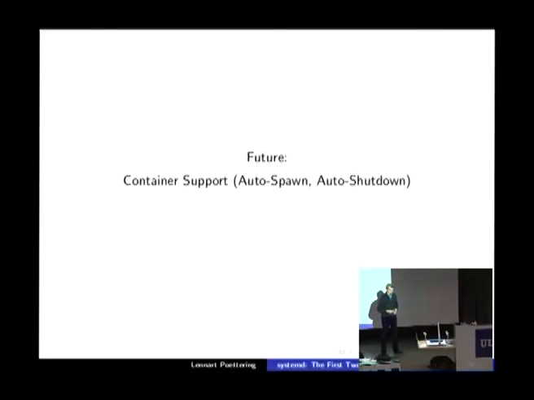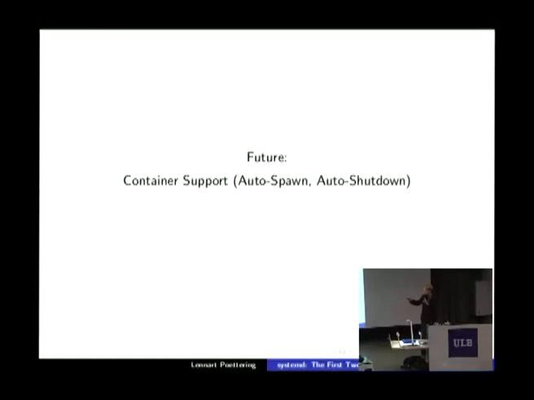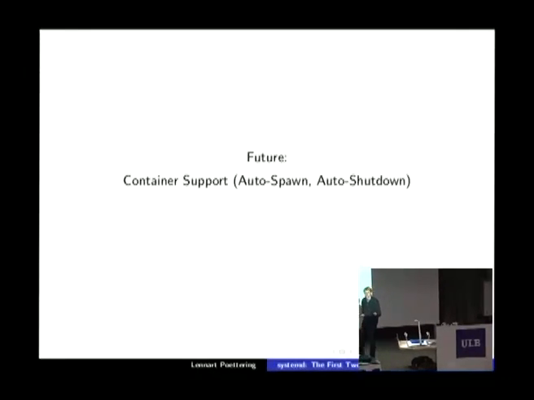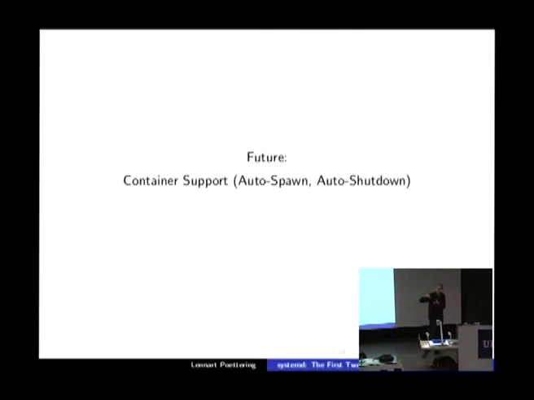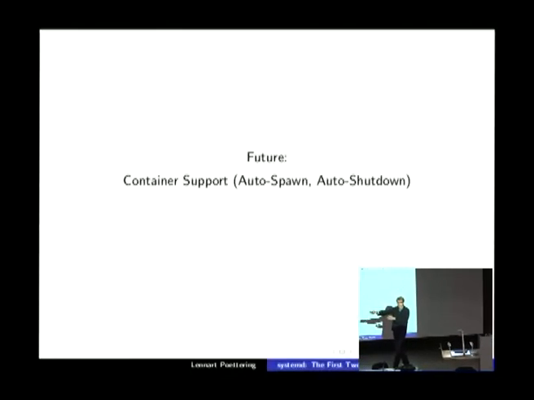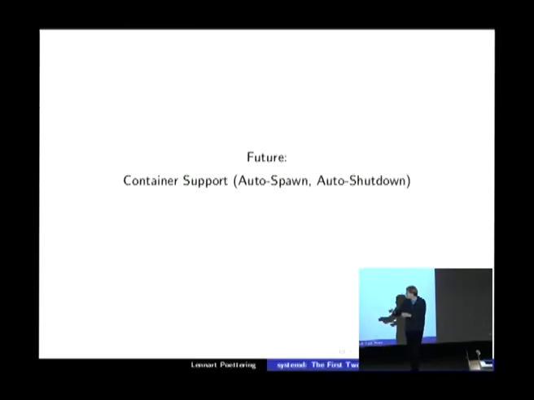For example, you have one container where you put your Apache and MySQL in, and with the container support in systemd, you can use socket activation for that, so that the host initially listens on your HTTP port, and the moment the first connection comes in, it will actually spawn the entire container, the entire OS inside of it, both Apache and MySQL, hand over that socket, and then the systemd inside the container will pass it on to MySQL and HTTPD.